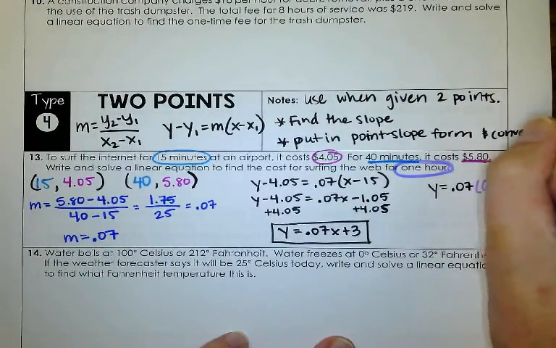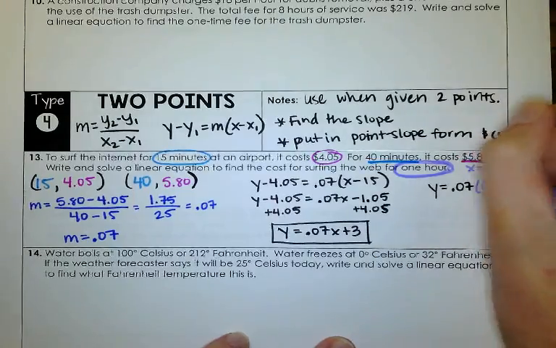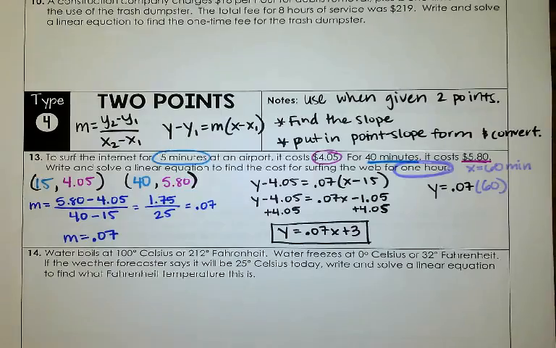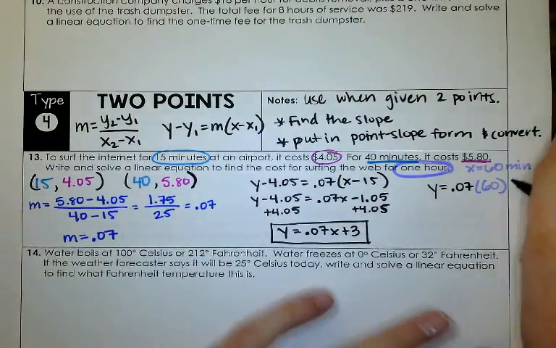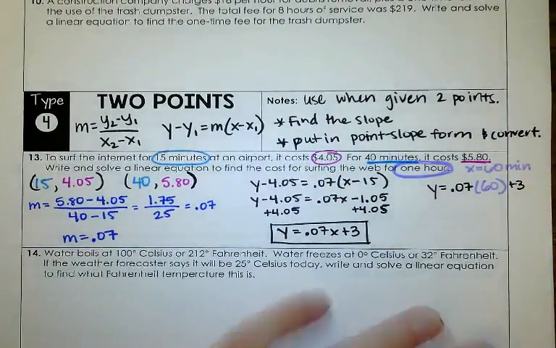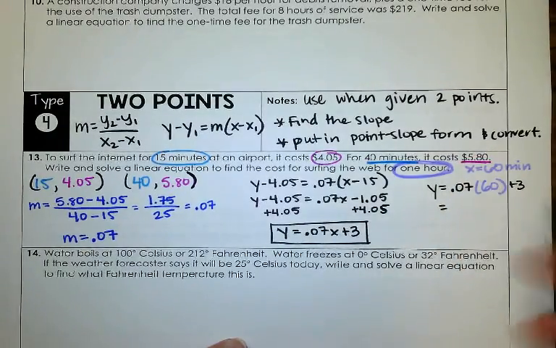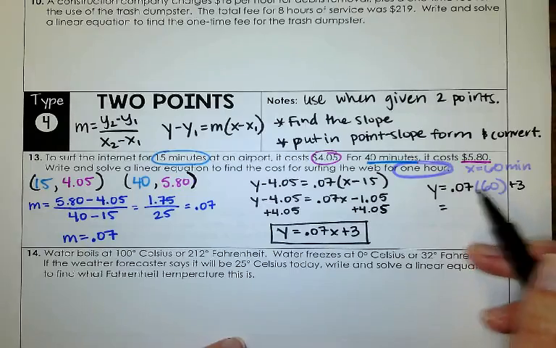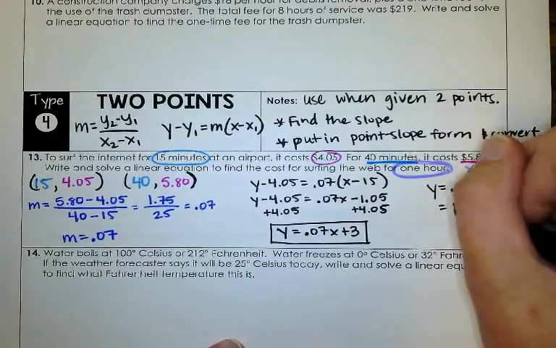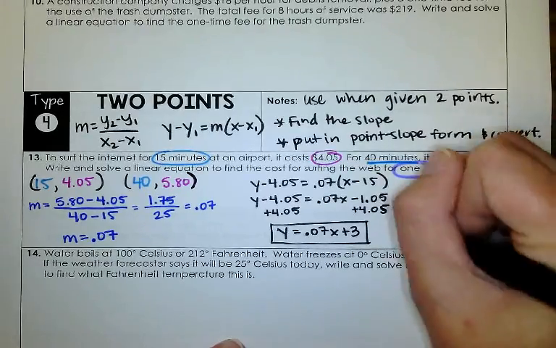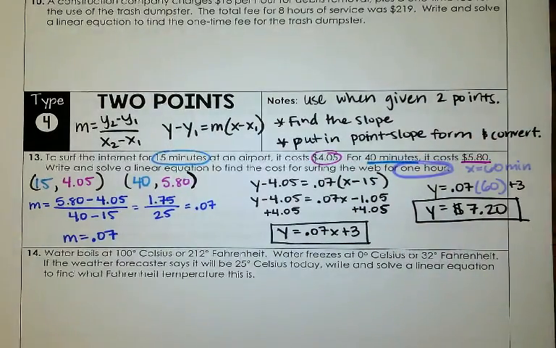Very, very good. So 0.07 times 60 plus 3 equals, let's see here, that'd be 420 plus 3. So that's $7.20. So for 1 hour of web surfing, it costs $7.20. Do y'all feel good about that?